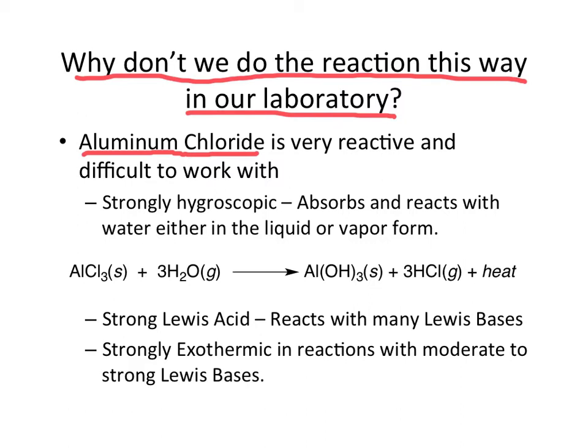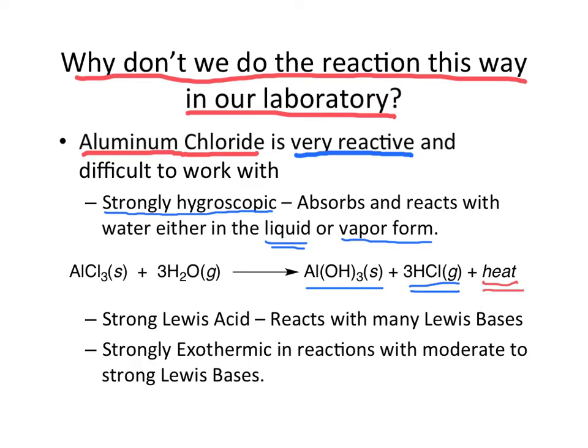Aluminum chloride is very reactive. One of the problems is it is strongly hygroscopic. If there's any water around, not just liquid water, but water vapor, that is any humidity in the room, aluminum chloride will try to react with it. And when aluminum chloride reacts with water, you make aluminum hydroxide, which is a solid, but you make 3 moles of hydrochloric acid, and the reaction is strongly exothermic.